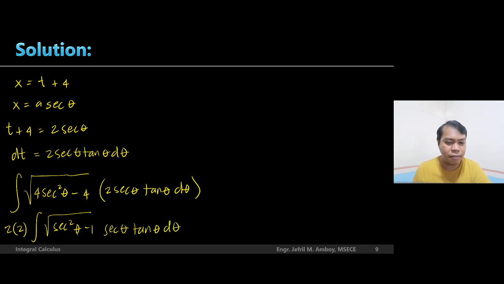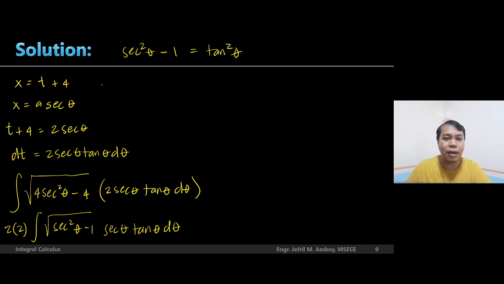Okay, so this term inside the square root is just, recall ulit, no? That secant squared theta minus 1 equals tangent squared theta. Okay? Now, yung tangent squared theta na yan, pag in square root mo, magiging tangent na lang, no? Tapos tangent ulit. So magkakaroon ka ngayon ng term na tangent squared.